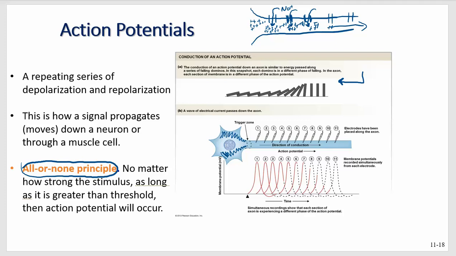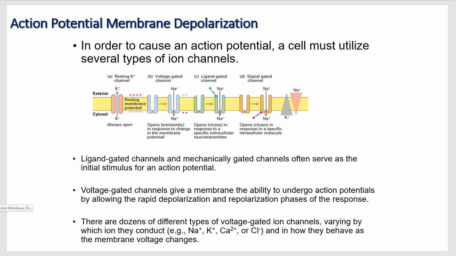That's what this is showing too: 1, 2, 3, 4, 5, all the way down. This just shows some other pictures: your resting membrane potential, activation of the voltage-gated channels, activation of ligand-gated channels. So that's just showing the different kinds of channels here.